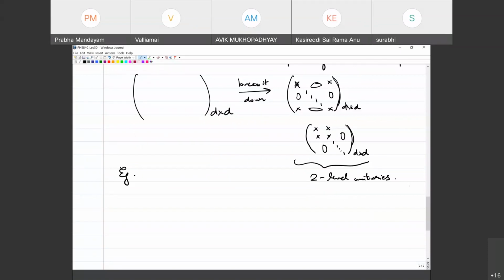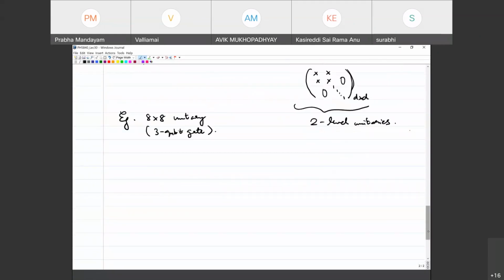So here's an example of an 8 cross 8 unitary. What you would essentially think of in some sense as a 3-qubit gate, okay? But this will be a two-level unitary if it has this structure, which is exactly what I wrote down.